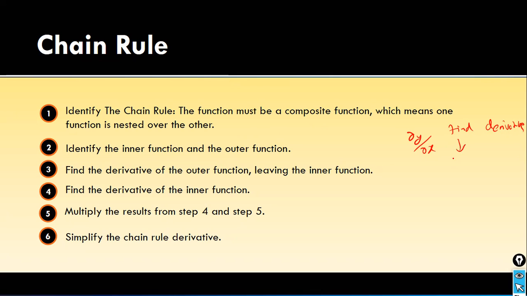For example, I have y equal to (2x + 1) to the power 6. And if I take the derivative ∂y/∂x of this, how it works with the chain rule is: you need to take the derivative of the outside function first, and then multiply that value with the derivative of your inside function.